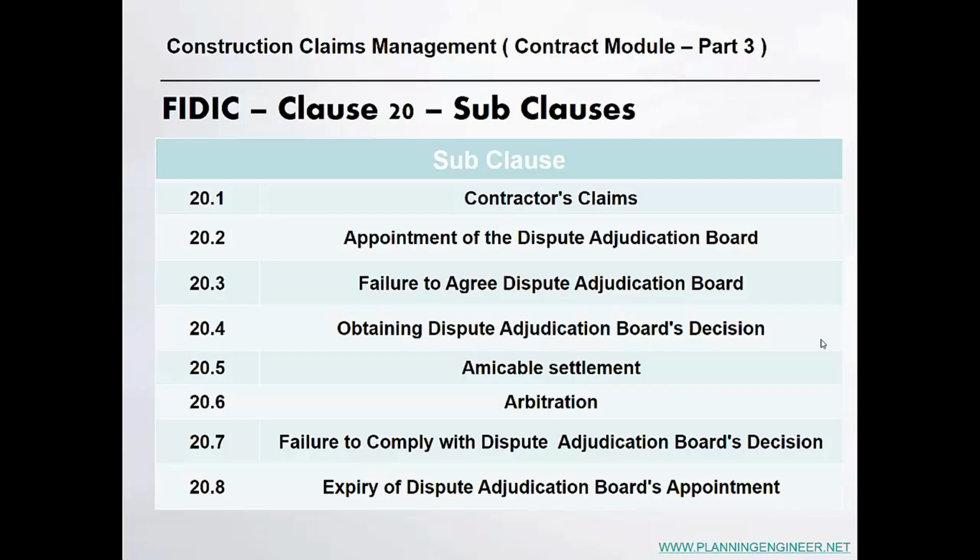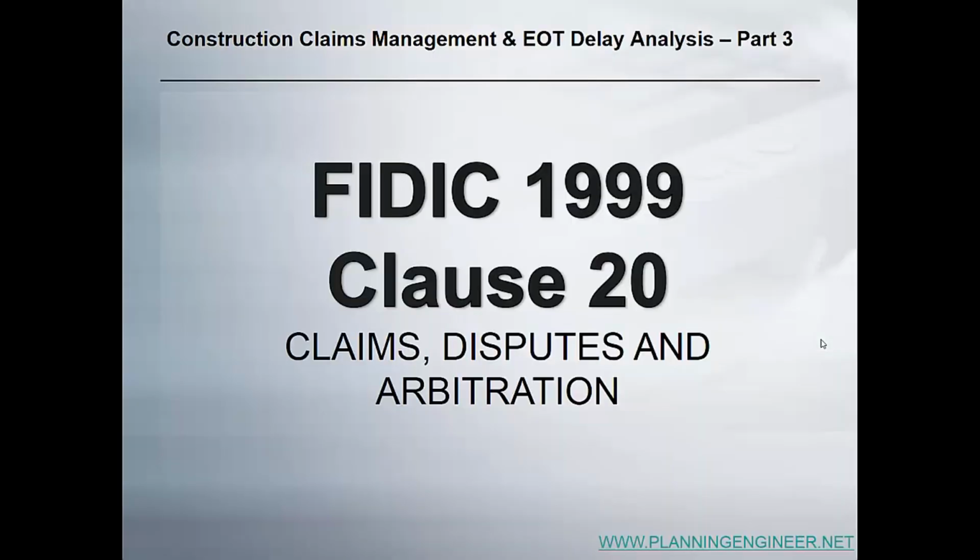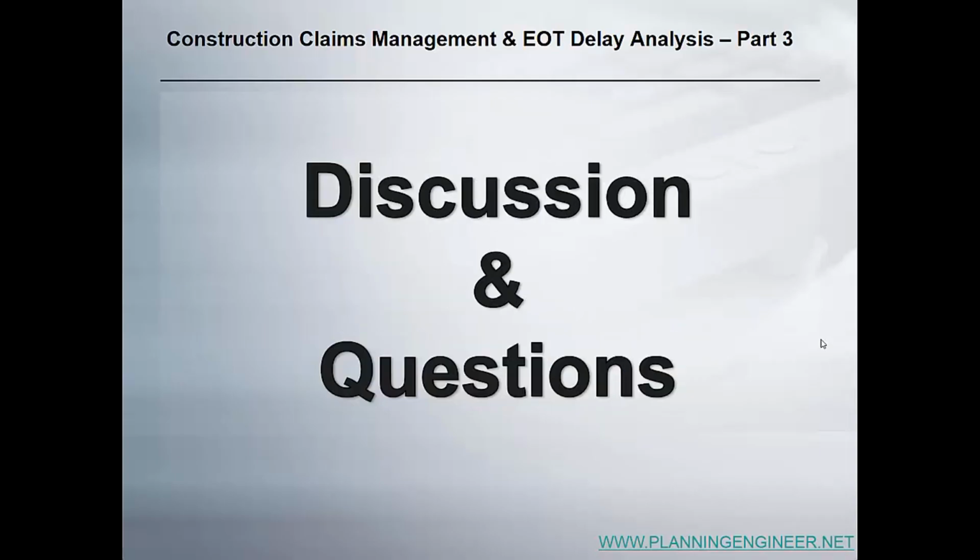So clause 20 is very important, and here we listed the sub-clauses of this clause. I advise you to download or to purchase, if you have the FIDIC 1999, clause 20 to keep in your office. This is important if your contract is under FIDIC and you want to send contractual letters or contractual documents to your client.